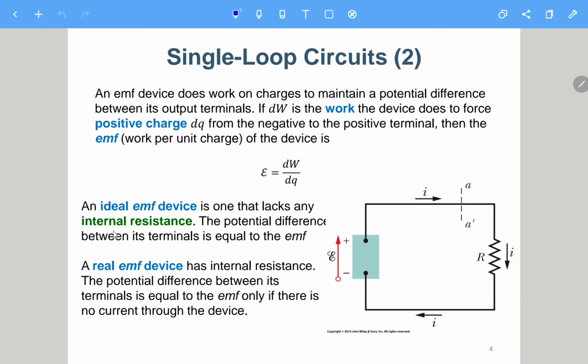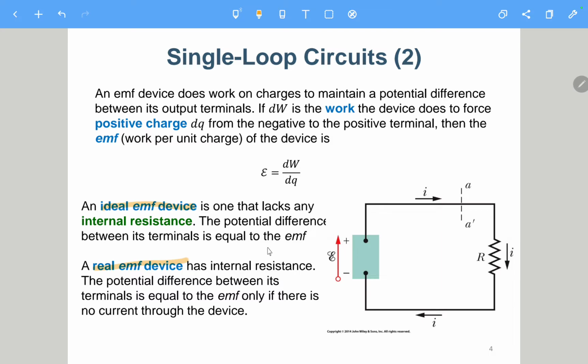Okay, another idea is that we talk about an ideal EMF device and also a real EMF device. An ideal EMF device is one that lacks any internal resistance, so the potential difference between its terminals is equal to the EMF. Of course, in the real world it does not exist.